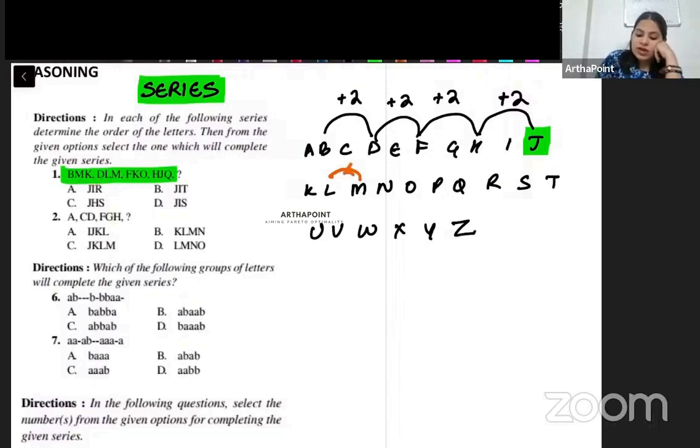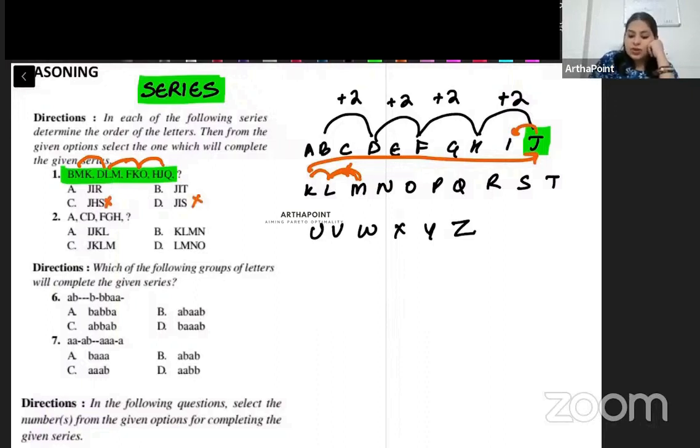Then from L to K, not K to L, you're going from L to K, so M to L, L to K, मतलब की हो गया बेटा, you're doing -1. Then you're going from K to J, मतलब again you're doing -1. तो J से कहाँ जाओगे? I पे. So next alphabet should be I. तो मतलब these two gets rejected.